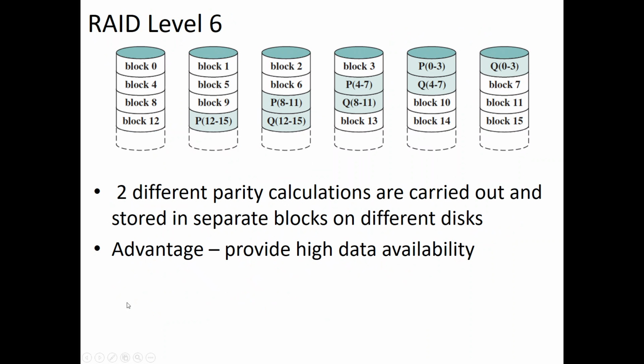Okay, next saya masuk dekat RAID level 6. Was introduced in a subsequent research by the Berkeley. So kalau dalam RAID 6 ni, two different parity calculations dia carry out and stored in separate blocks on different disks. Okay, so ada dua parity calculation, satu P, satu Q dia buat macam tu.